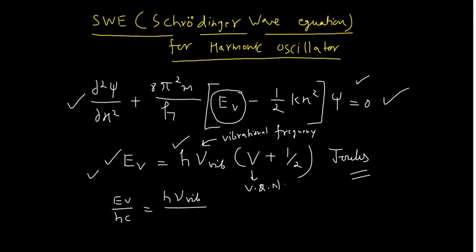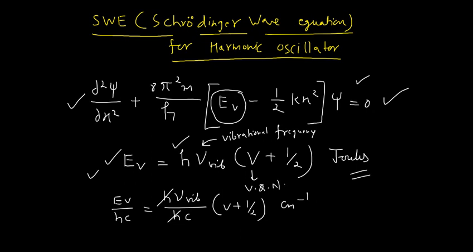So again you divide this by h into c, and this is your v plus half. So h and h get cancelled, and this will become in centimeter inverse, okay.